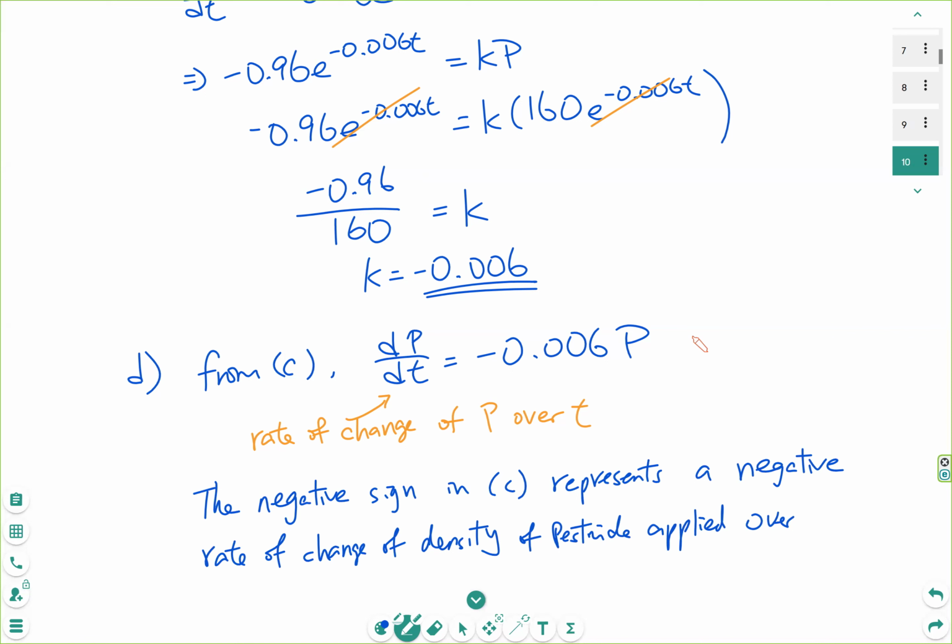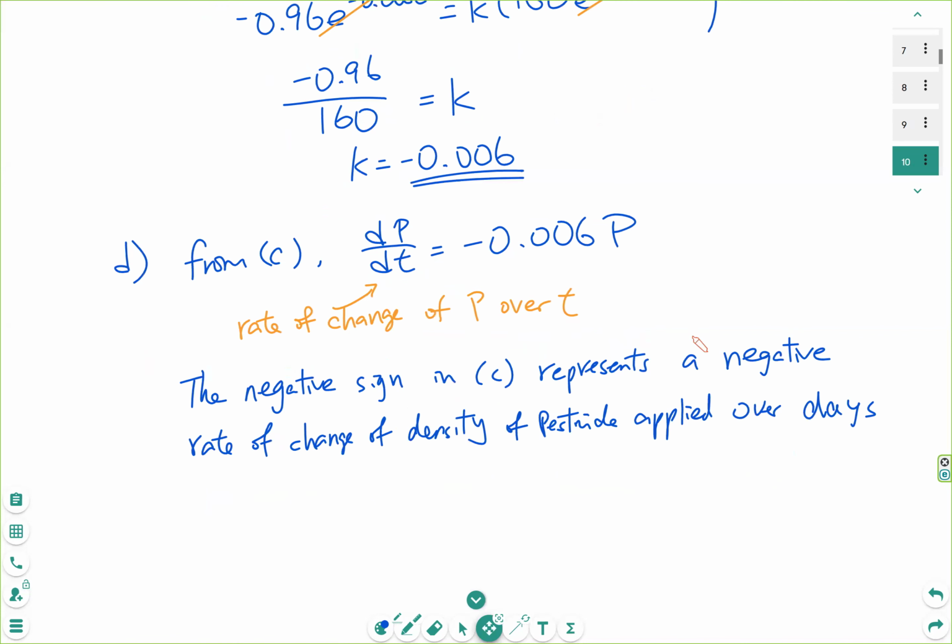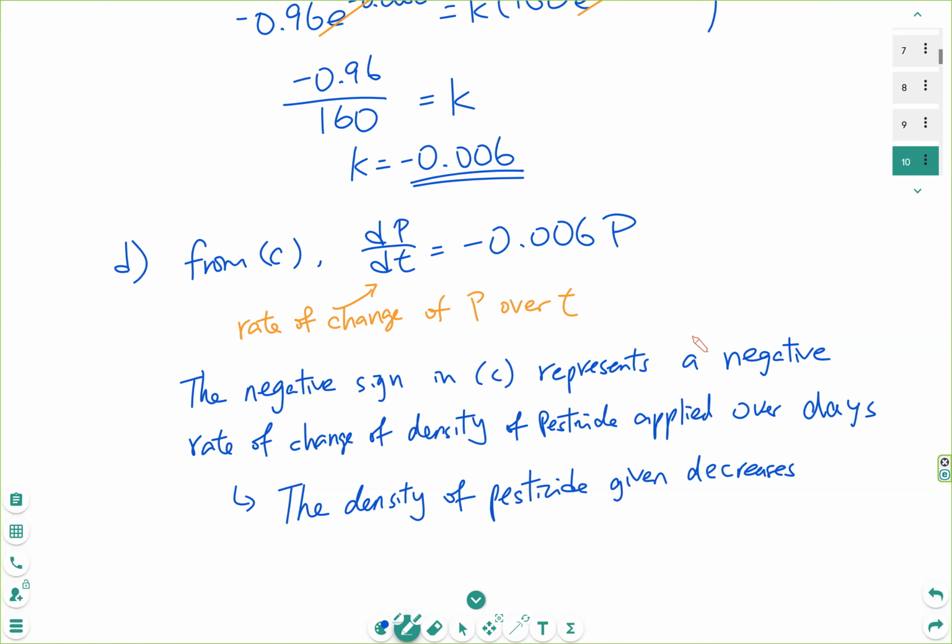In other words, to write it a bit better, we can say the density of pesticide decreases every day, exponentially.